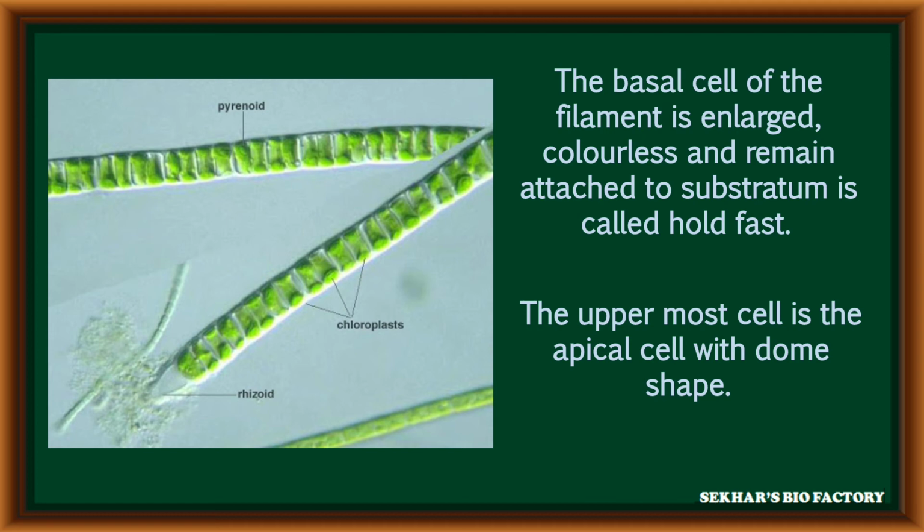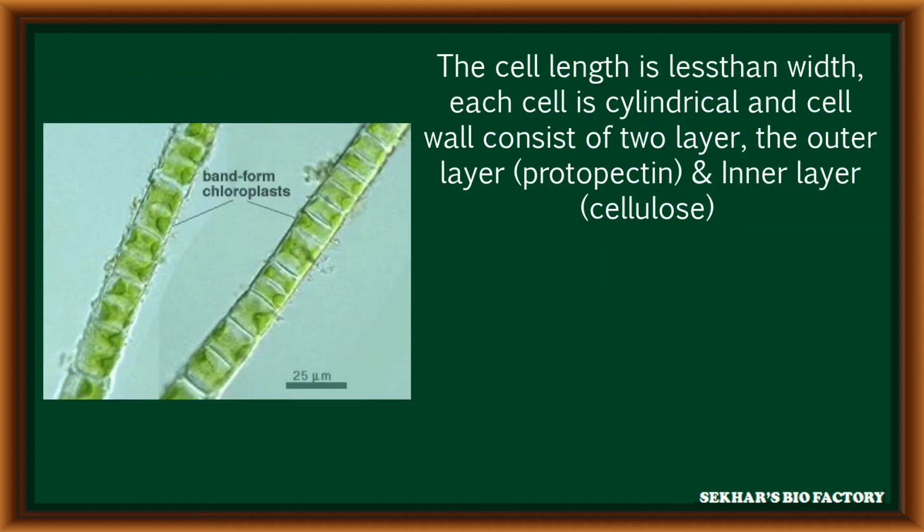The uppermost cell is the apical cell with a dome shape. Generally the length of the cell is less than its width, and each cell is cylindrical. The cell wall consists of two layers. The outer layer is made up of protopectin and the inner layer is made up of cellulose.